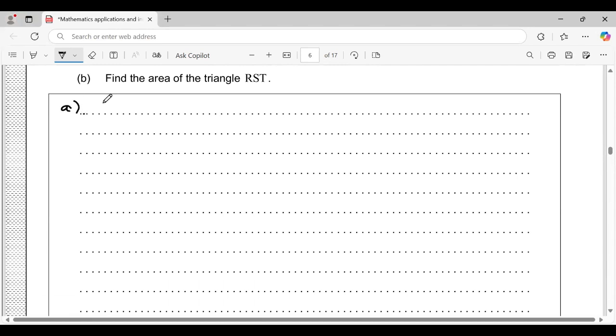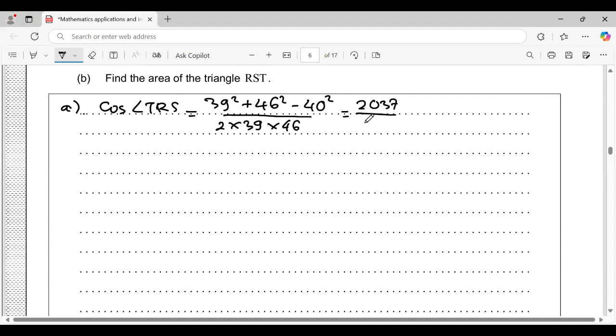Angle TRS we can find through the cosine rule. Cosine of angle TRS equals 39 squared plus 46 squared minus 40 squared, divided by 2 times 39 times 46. If you calculate, 2037 divided by 3588, the result is 0.56772.